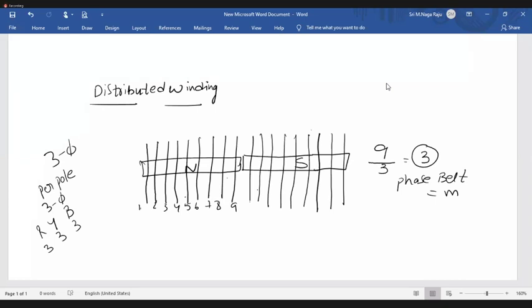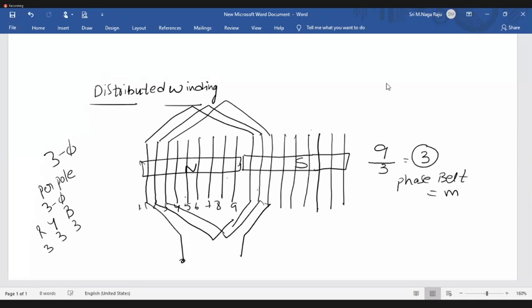Fine. Now we know this is the winding. Like this, the winding will be there.